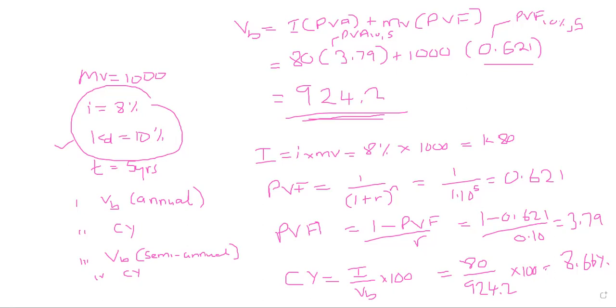So now we go to what we call our semi-annual bond. From our time value of money, you will agree with me that interests are always divided by the number of compoundings. Semi means what? 2. So all interests, we divide them by the number of compoundings, and all the times we multiply them by the number of compoundings.